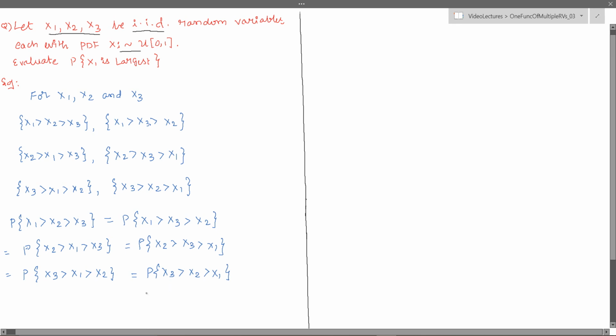Finally, all these probabilities should be equal to 1 by 6, as all these events are mutually exclusive.